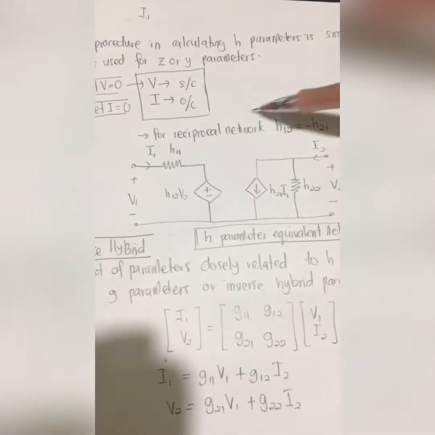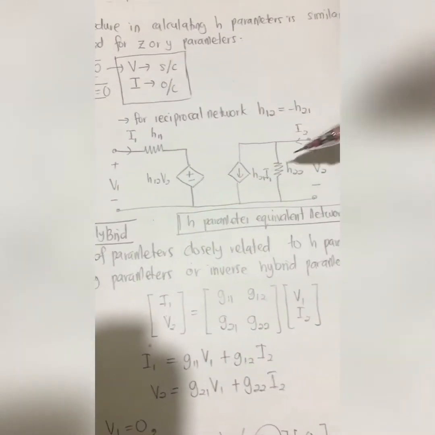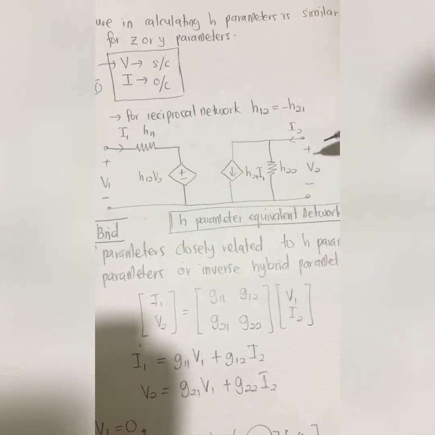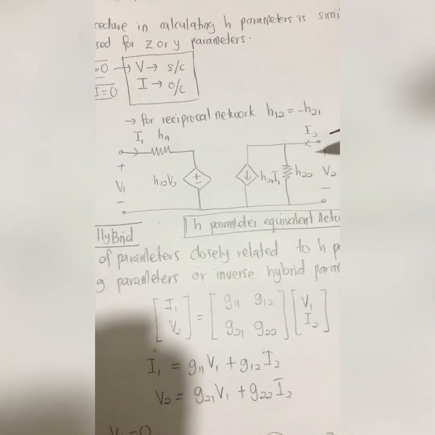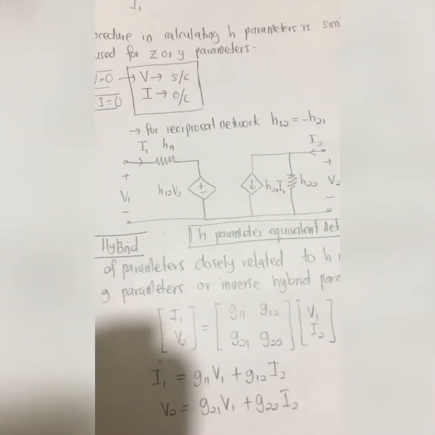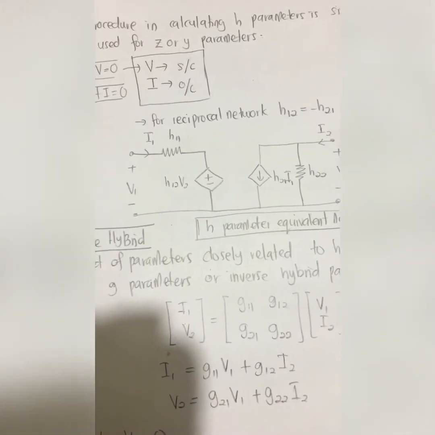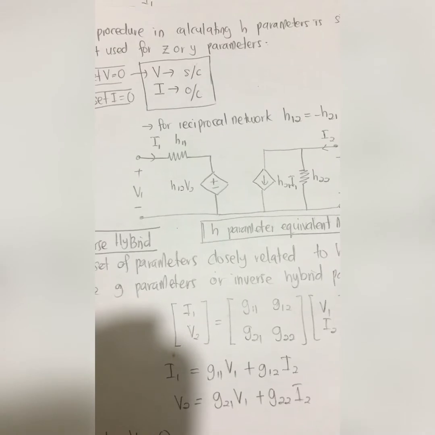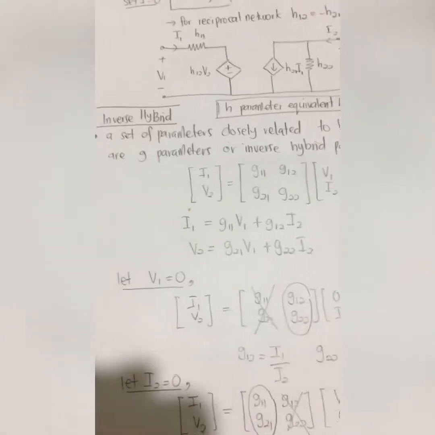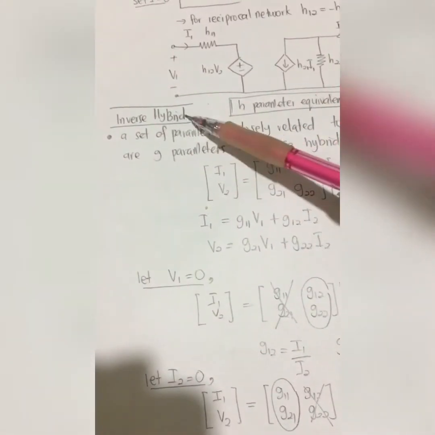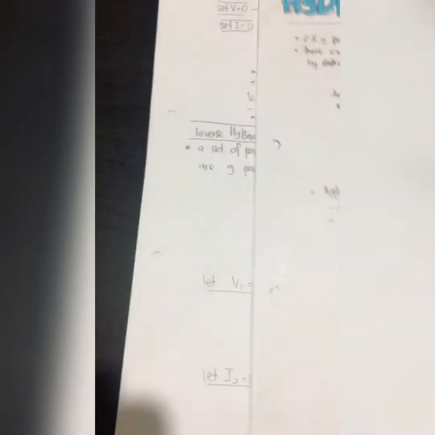This is the case when we get the H parameter equivalent network for a non-reciprocal network. For a reciprocal network, you have to solve using method 1 only.